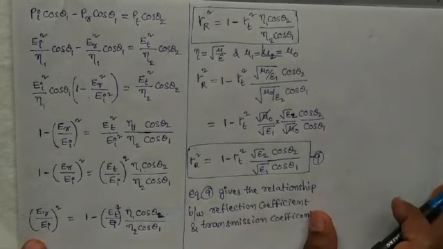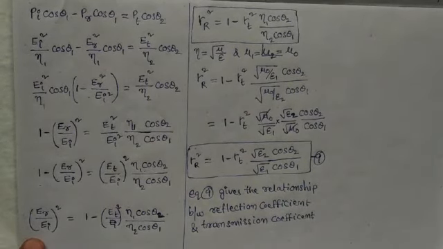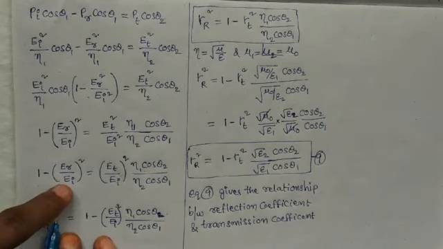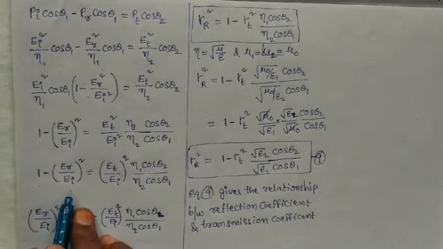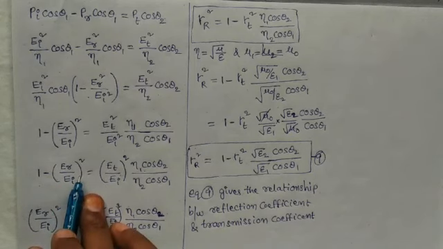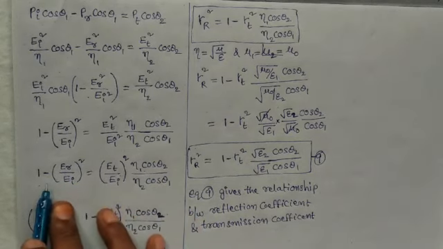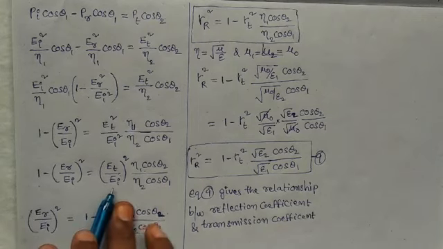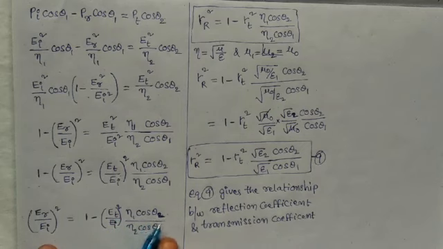Now we are determining Er by Ei whole square. Taking this term to this side, Er by Ei whole square is equal to 1 minus Et by Ei whole square times eta 1 cos theta 2 by eta 2 cos theta 1.